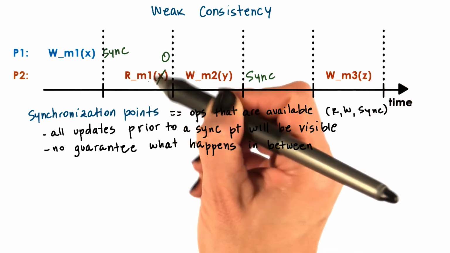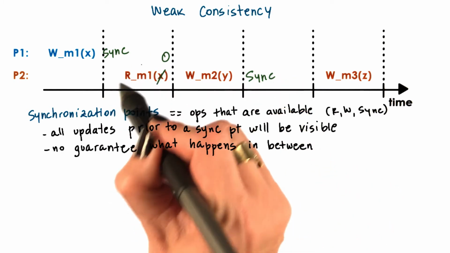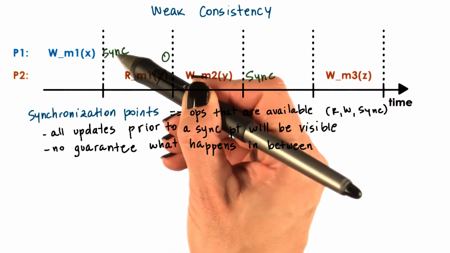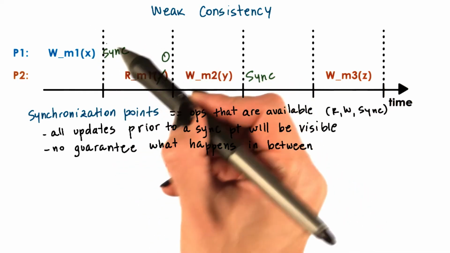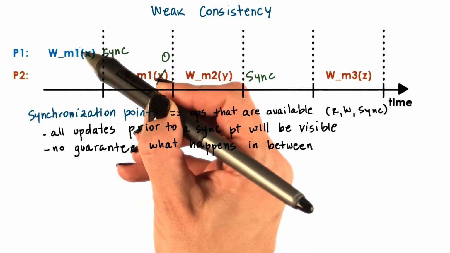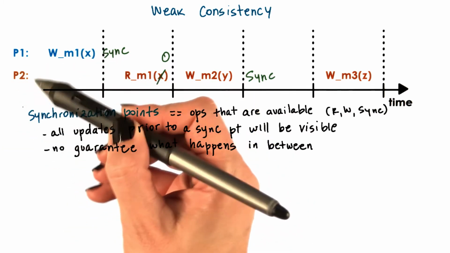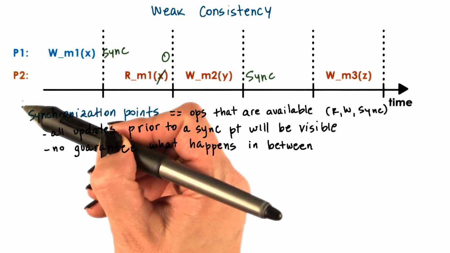So P2 has no guarantees that it will see the updates performed by others. So the synchronization point has to be called both by the process that's performing the updates and also by the processes that want to receive a guarantee that they will see updates.